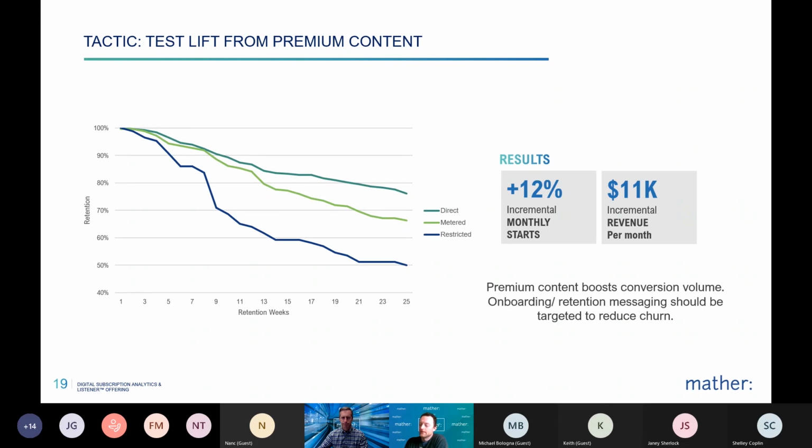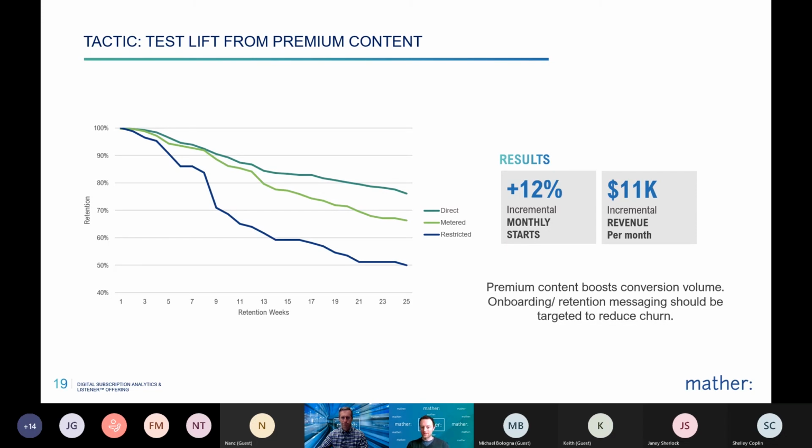The other learning here was that you can see that dark blue line at the bottom there. People who converted off of that premium content had a significant difference in their churn, or their retention, as well. So part of what this all comes together to is you really want to make sure that your content strategy is in sync with your customer lifecycle strategy.